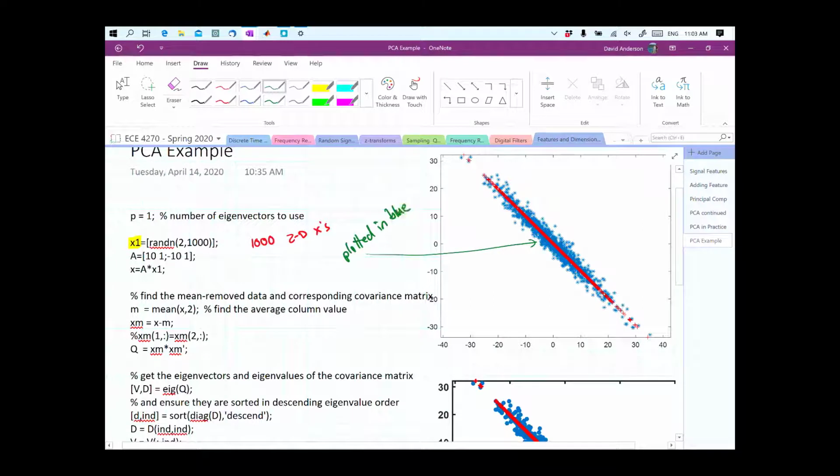As with the example last time, I first created random samples and then I skewed them. You can ignore the red for a minute.